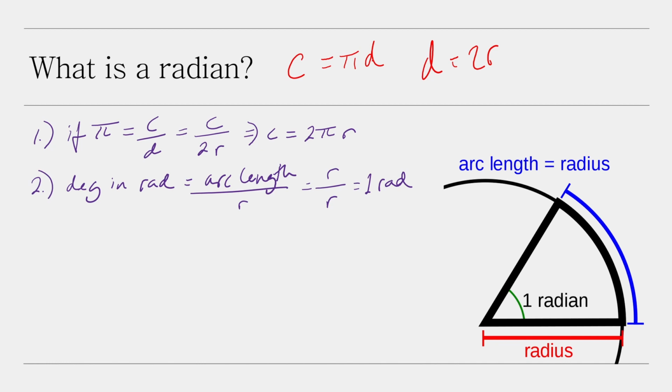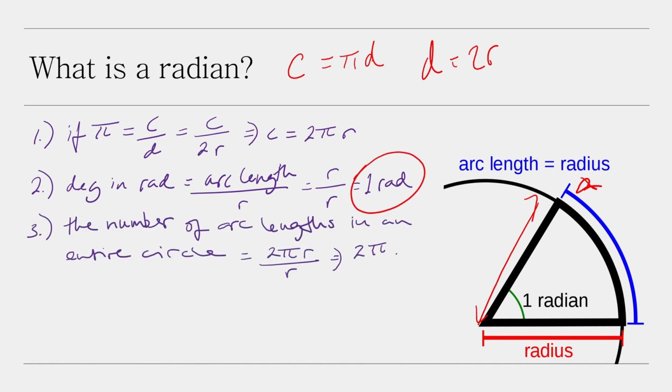And we know from our previous slide that the angle in radians is equal to the arc length divided by the radius, and if those two are equal, then we get 1 radian. We talked about that already. If we extrapolate from that and talk about the number of arc lengths in an entire circle, that arc length is the circumference.